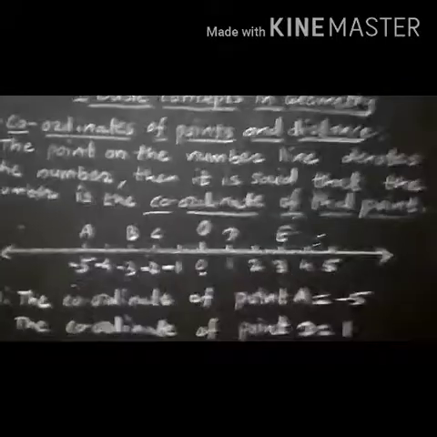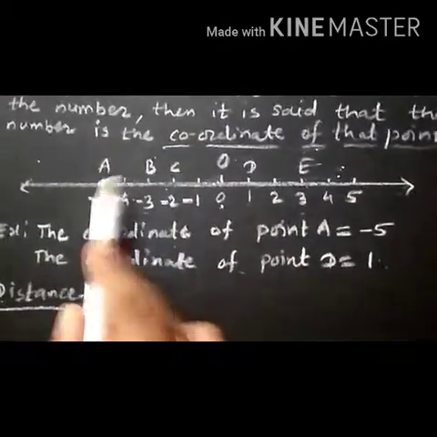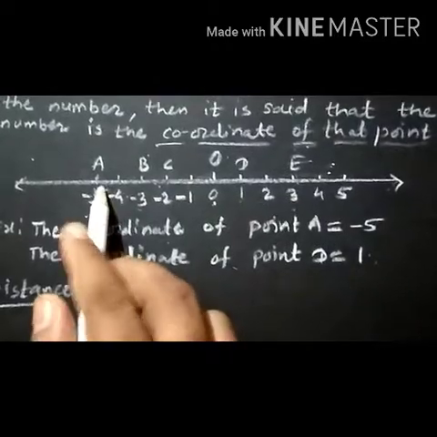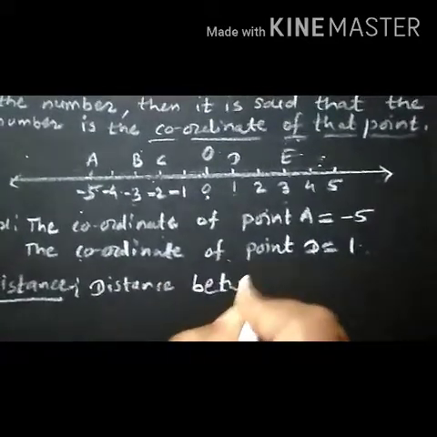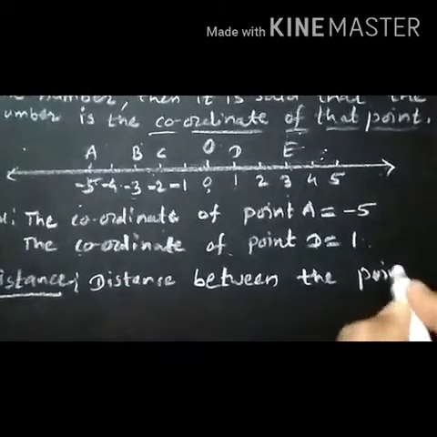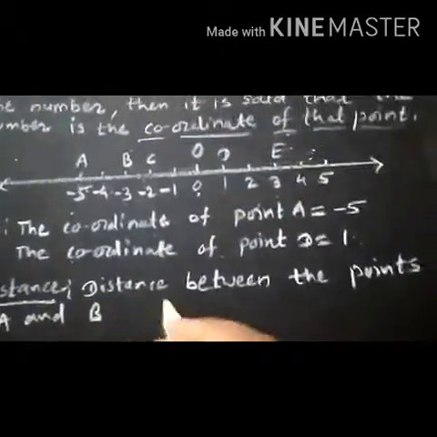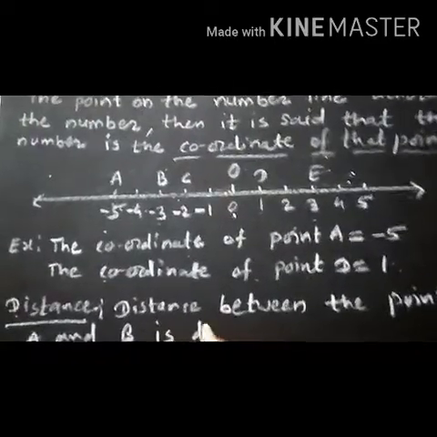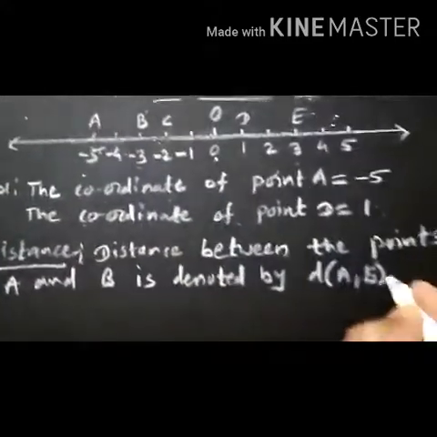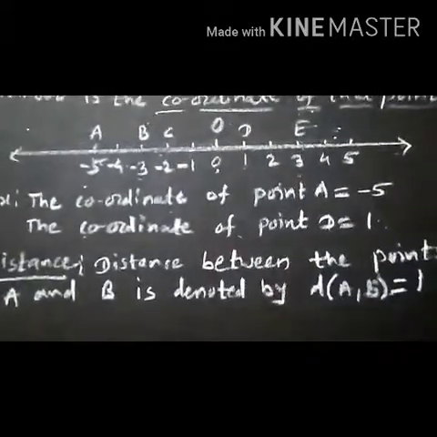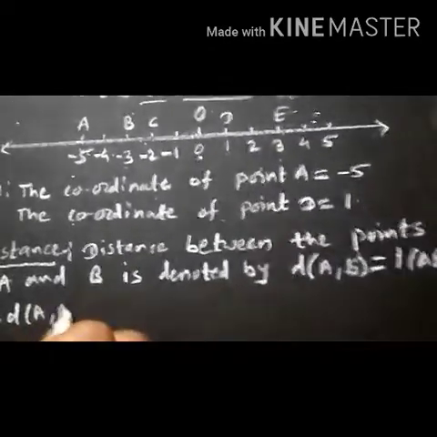So distance: we have to take any two points, suppose point A and B, and find the distance between these two points A and B. Therefore, the distance between the points A and B is denoted by the distance between the points AB, or we can say the length of AB, or length of segment AB. So here we have to find the distance between the points AB.